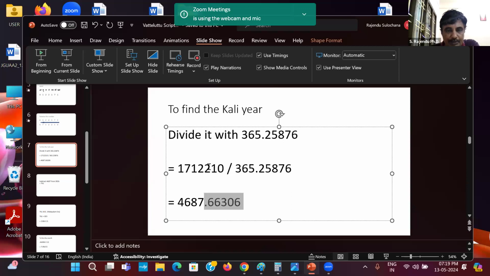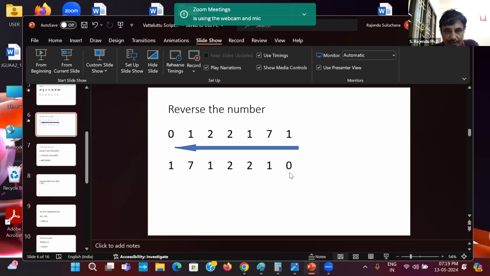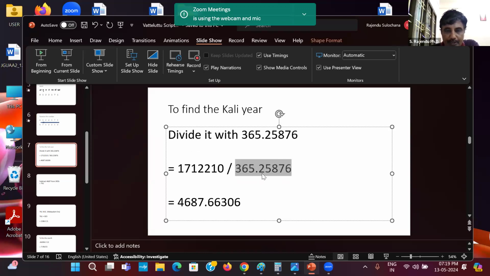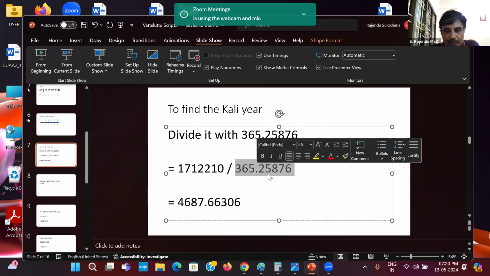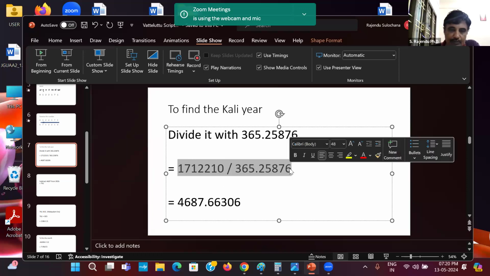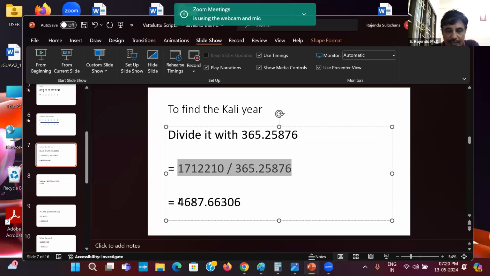First step, you reverse it. Then the second step, you divide it by 365.25. Generally we take only 2 decimals, but here, for more accuracy, you can take 365.25876, five places. If you divide this number by the number of days in a year, you get 4687.66306.